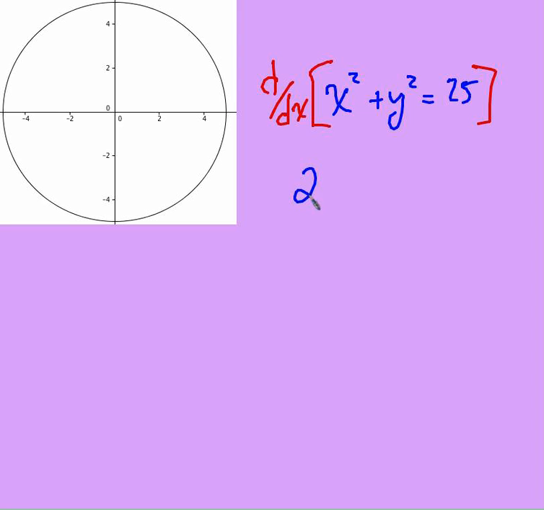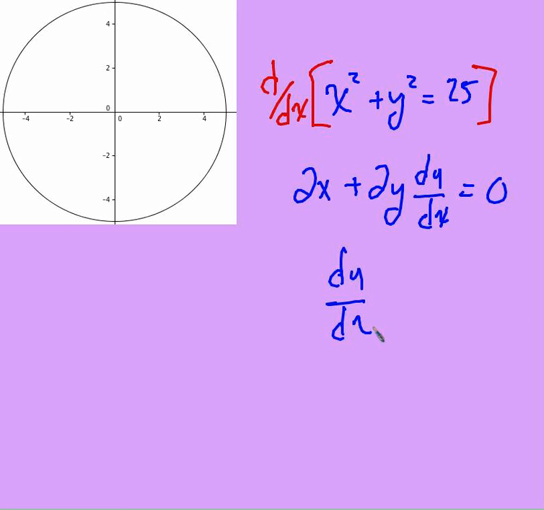This gives me 2x plus 2y, and because I'm taking the derivative with respect to x, I follow the chain rule, and this becomes dy/dx, which is equal to 0. Subtract 2x from both sides, divide both sides by 2y, and I end up with dy/dx equals negative x over y after reducing the fraction.